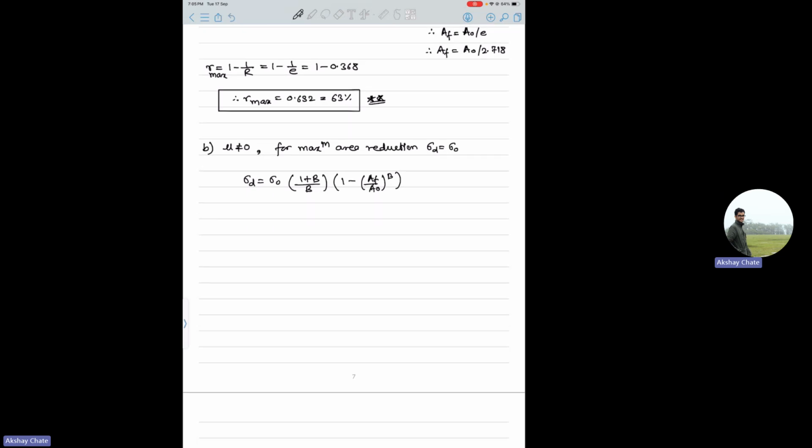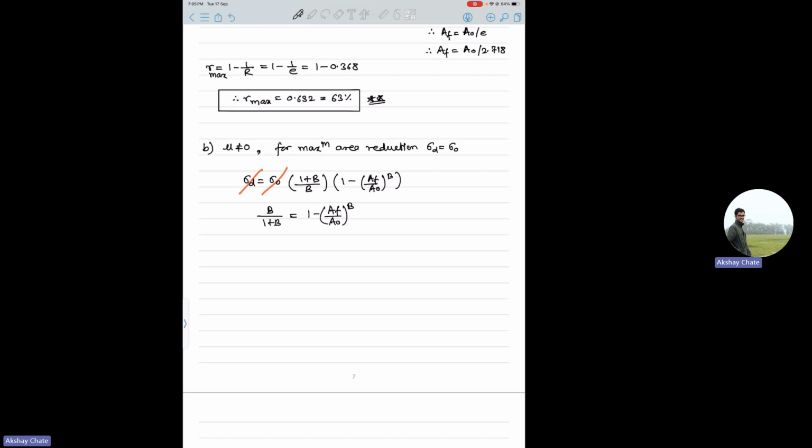Now when these two are equal, the sigma d and sigma naught get cancelled. So you have two terms. So 1 plus B by B goes to the other side, and this becomes 1 minus (af by a naught) raised to power B, right?